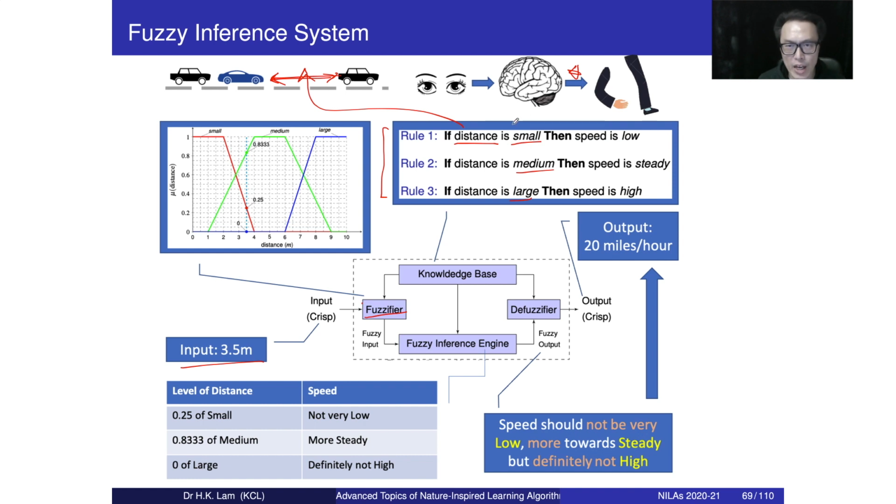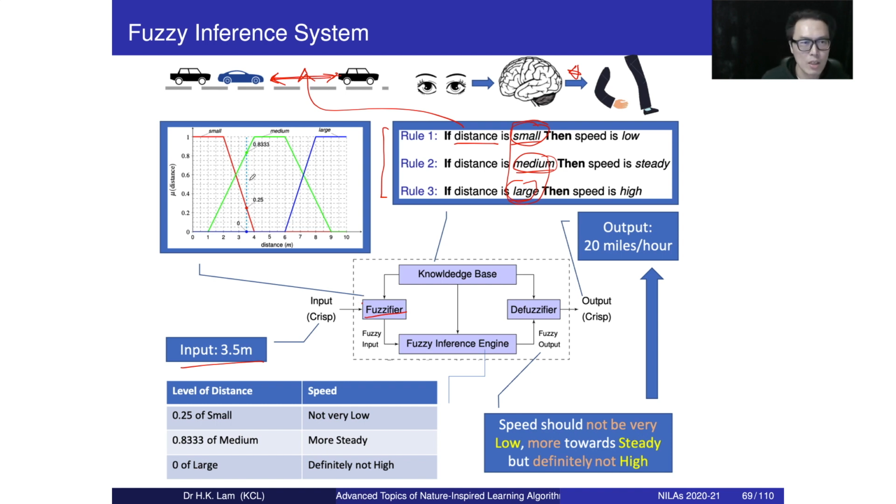Associated with each fuzzy set or fuzzy term right here, I translate it into the membership grade on the y-axis. I call this mu distance, where distance is the input. When you substitute distance into the red, green, blue function, we will have the y-axis. That is the translation. When I input 3.5 meter into the red, green, blue membership function associated with this term, I get the y value. This is what the fuzzifier is going to do.